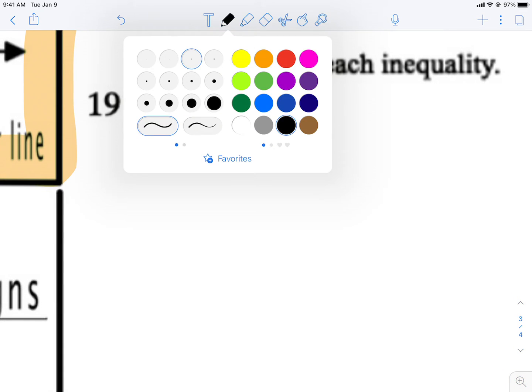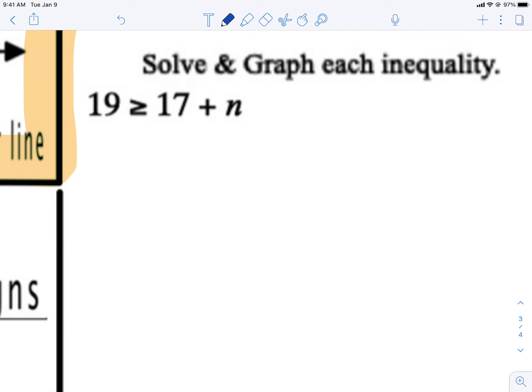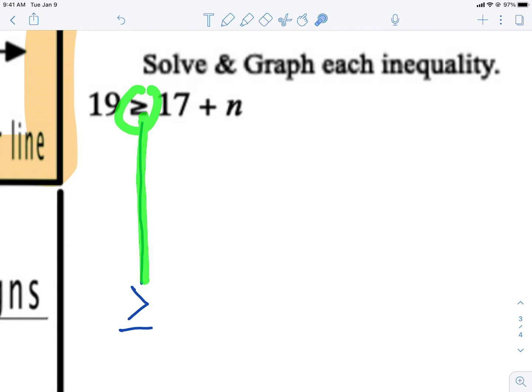So let's start off by drawing our line of separation just like before. Only that in this case, we're going to do that symbol right there, not an equal sign, because look what's coming down, right? It's this symbol that's coming down, right?